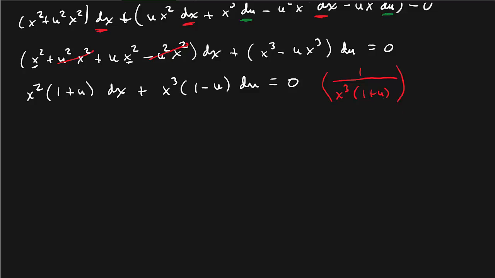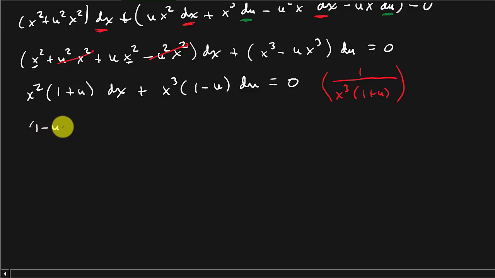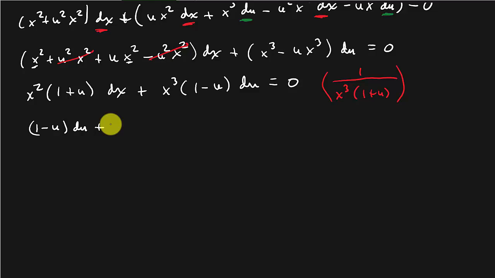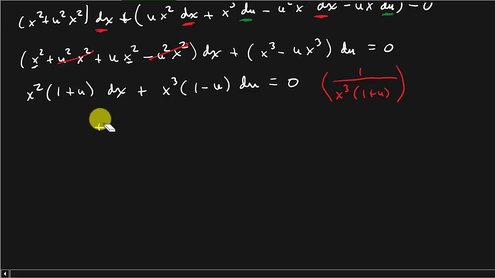And so that's going to give me 1 minus u du, and it doesn't really matter what order you write it in. Let's write it: that's going to give me 1 minus u over 1 plus u du.